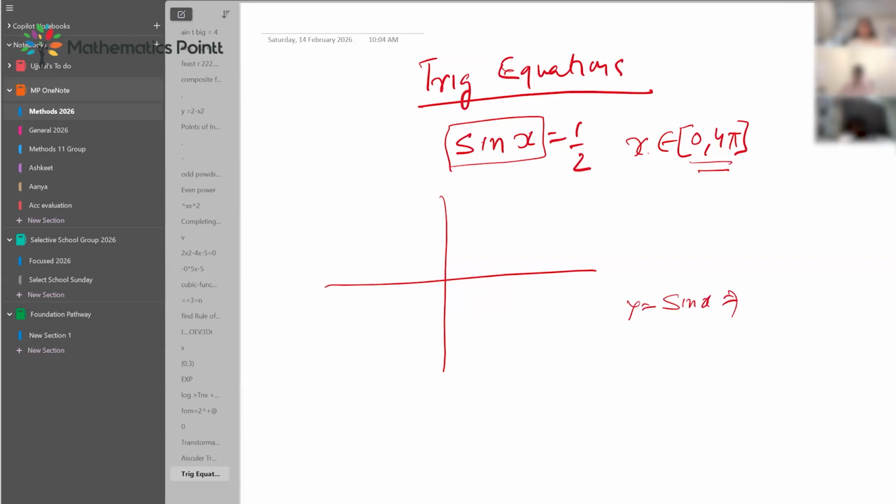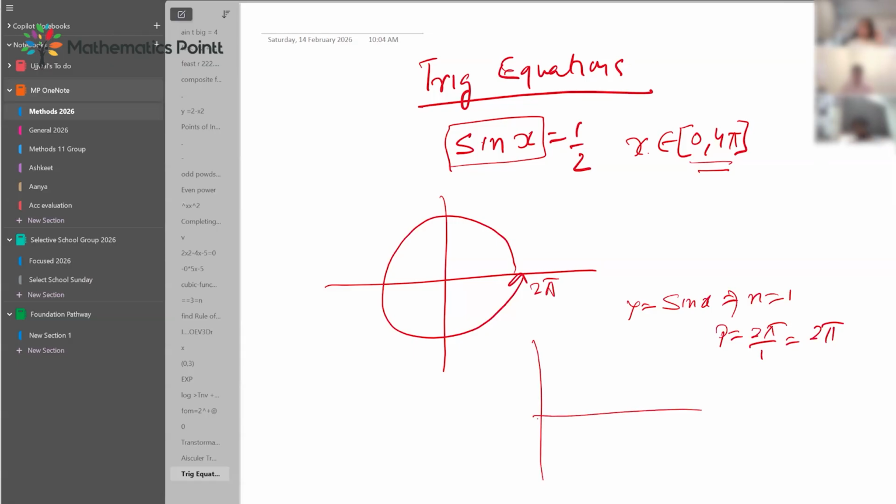The n value is 1, so the period is 2 pi over 1, which is 2 pi. That means one full round gives me 2 pi, my period. Or another way of looking at it, one wave gives me 2 pi. One and the same thing, right?